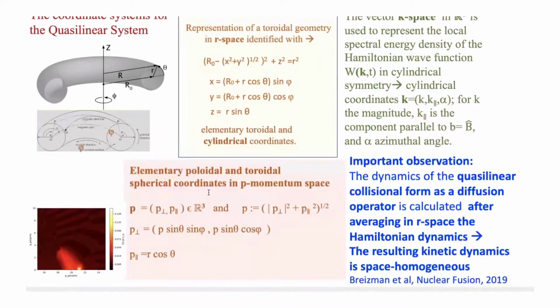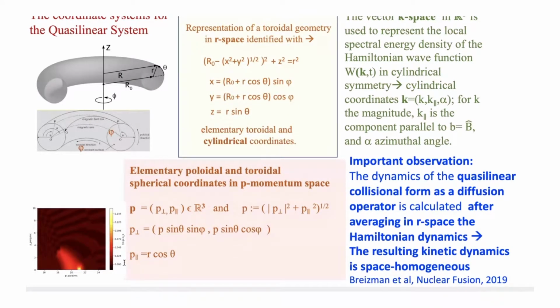Then you look at the p momentum space, because we have to describe the velocity with the constitutive form I showed you in the previous slide, and then you decompose the space into the perpendicular part and the parallel part.